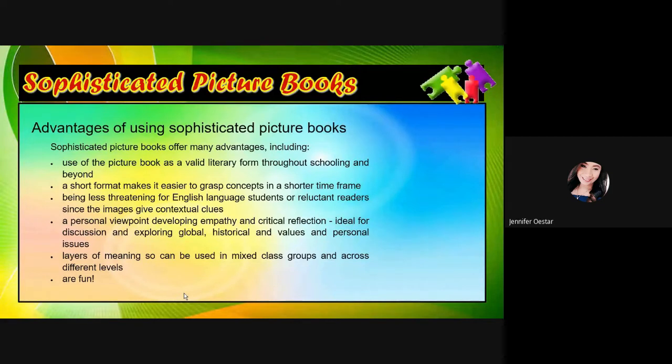Ideal for discussion and exploring global, historical, values, and personal issues. So more of thematic, as what I'm saying a while ago. And layers of meaning so they can use in mixed class groups and across different levels. And of course, sophisticated picture books are fun. So it means it's not just a picture book, but it discusses salient features about a specific theme or topic.